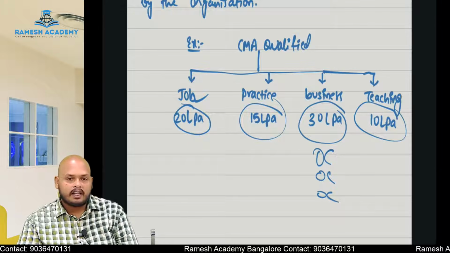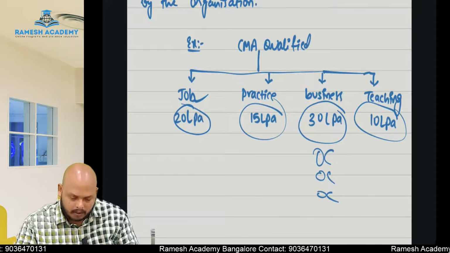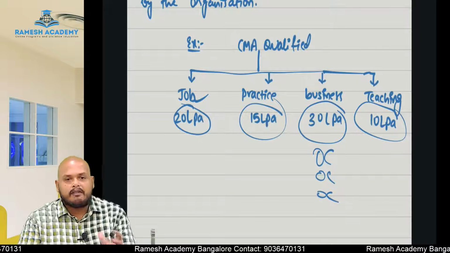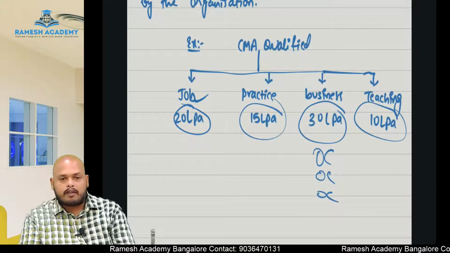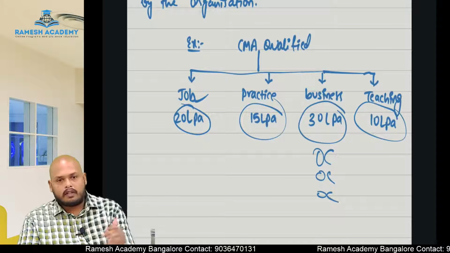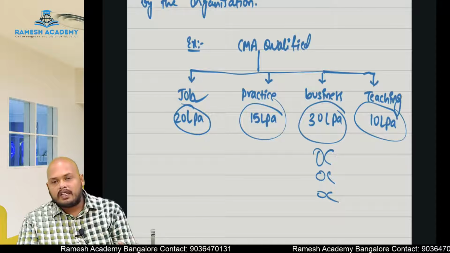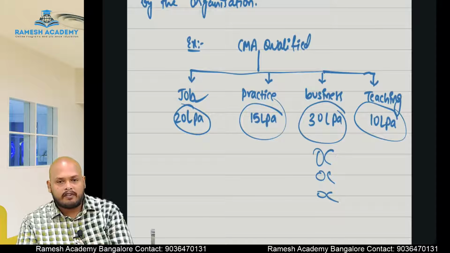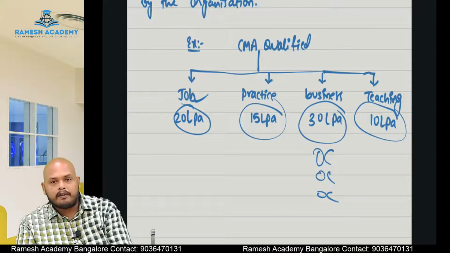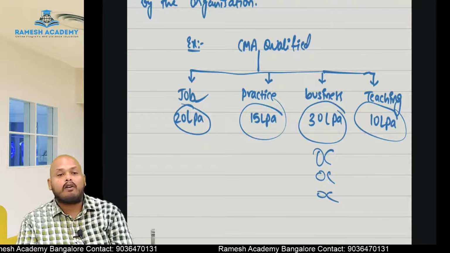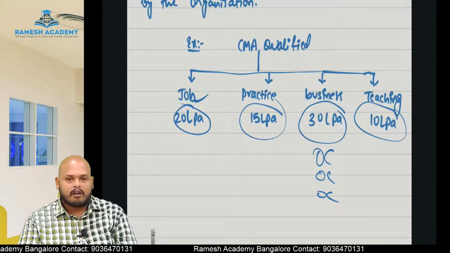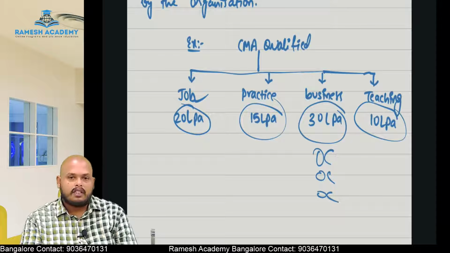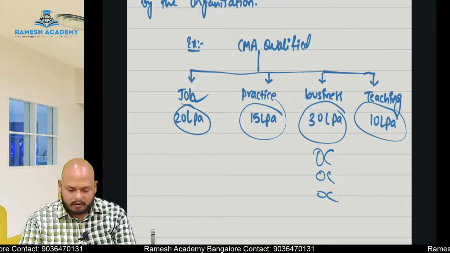This is the concept of opportunity cost. In the foundation level, you will think after 20 comes 15, and after 15 comes 10. That is a wrong concept. So this is the correct one, opportunity cost.